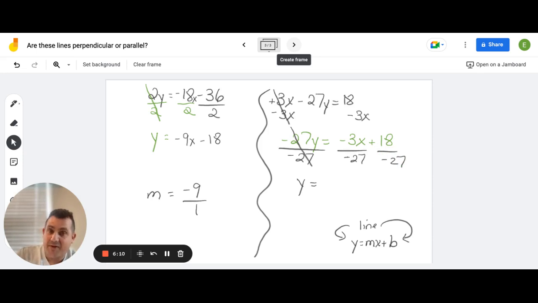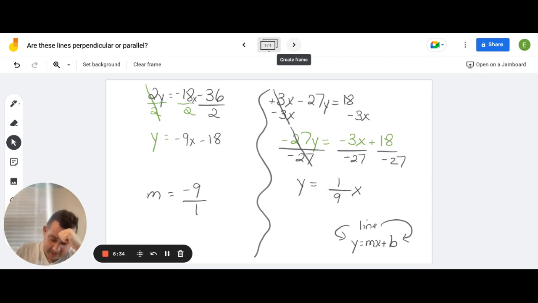And our greatest common factor here is going to be negative 3. So if I divide negative 3 divided by negative 3, I'm going to get 1, and negative 27 divided by negative 3, I'm going to get 9. So it would be 1/9 x. Now this last term, we've already found our slope, but I'm just going to finish it out.